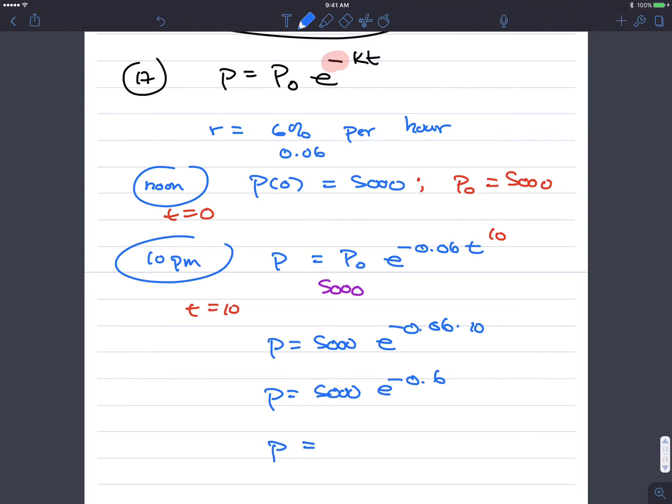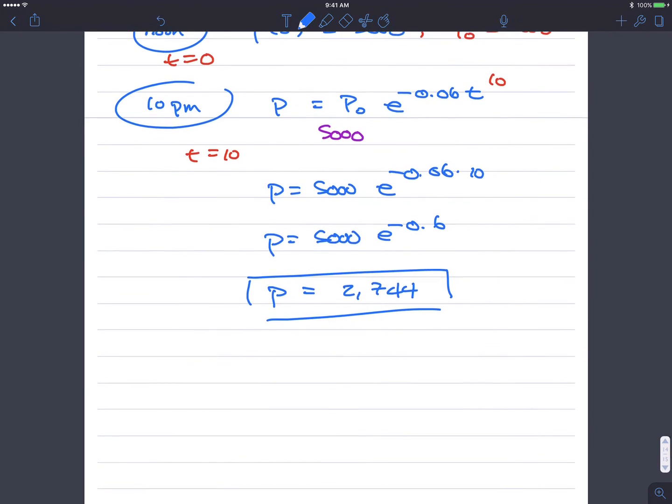Let's see what we get. 2,744. So this particular antibiotic reduced our population from 5,000 to 2,744 in how many hours? In 10 hours.